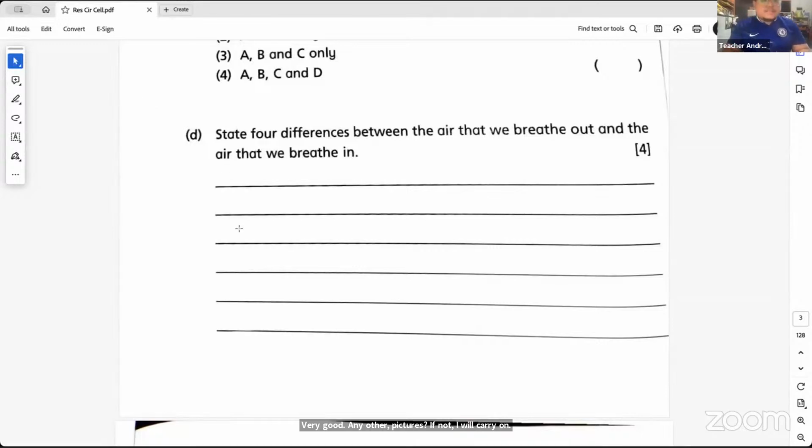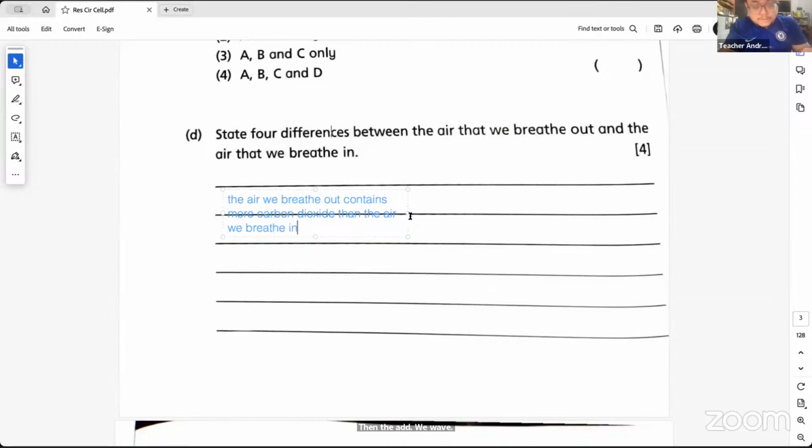Okay, so the correct answers for this question are as follows. Let me just annotate first. The first thing is, the air we breathe out contains more carbon dioxide than the air we breathe in.